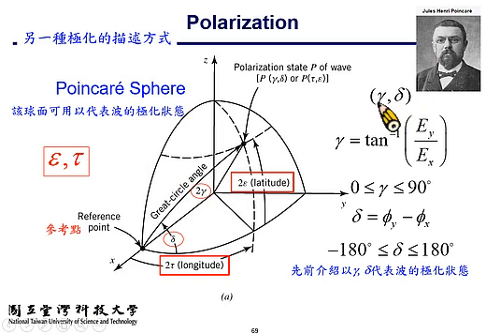We already introduced the circular polarization representation using gamma and delta, and here are the definition of gamma and delta. The Poincare sphere uses parameter epsilon and tau to describe the states of polarization of the wave. Use gamma, epsilon and tau.